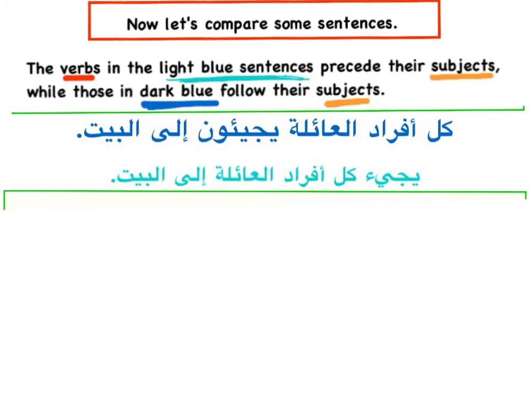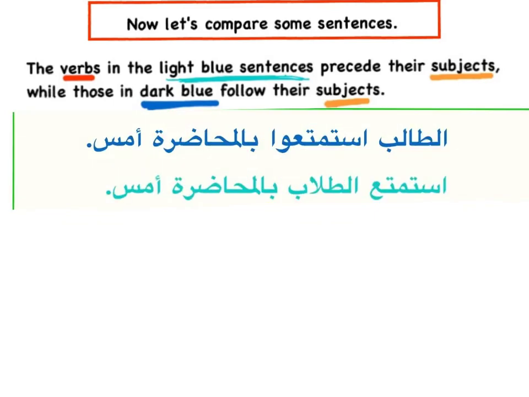Same for كل أفراد العائلة يجيئون للبيت. So we have the subject كل أفراد العائلة, and then the verb يجيئون, whereas here you have يجيء with كل أفراد العائلة. Same meaning, same sentence, just the placement of the subject and the verb differ. الطلاب استمتعوا بالمحاضرة أمس, and here الطلاب is the first word, whereas استمتعوا is the verb; the placement differs, same meaning.